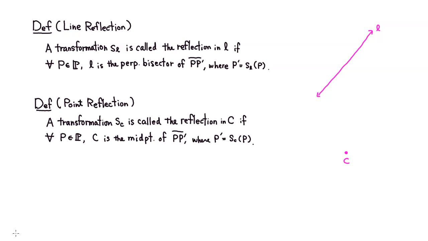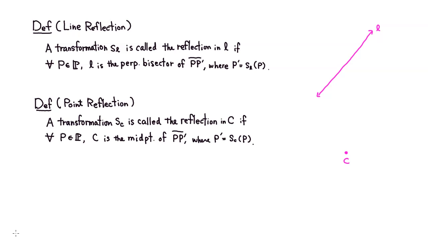All right, let's look at the definition of line reflection and a point reflection. In this book, point reflection is called the central reflection, but I like the word point reflection a little bit better. All right, so line reflection.